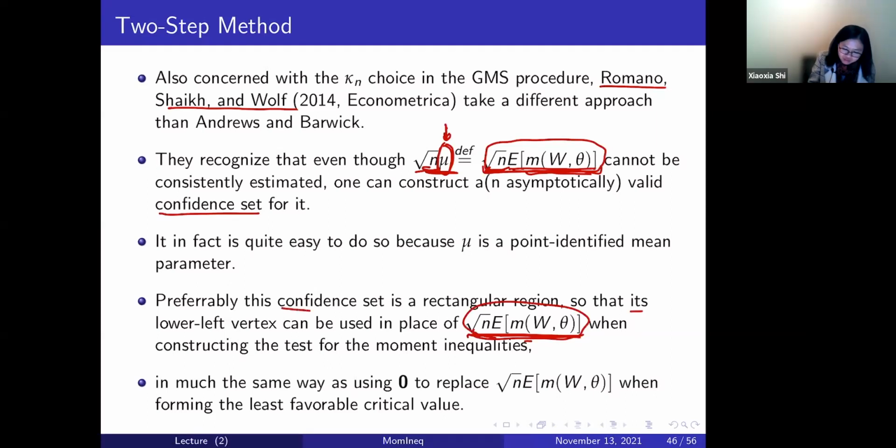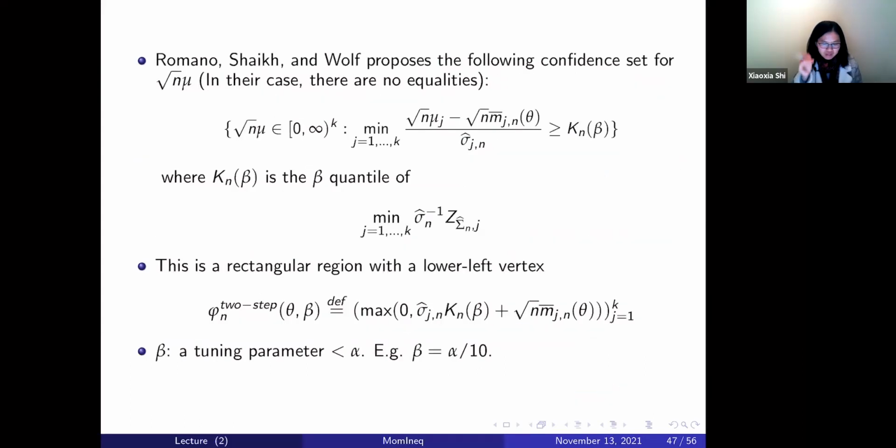And if the confidence set is a rectangular region, which is not hard to guarantee, then by the monotonicity of the S function, we know the lower left vertex is the least favorable value. In much the same way as using 0 to replace the slackness parameter, we can just use the lower left vertex of that confidence set to replace the slackness parameter. And then we are going to have a confidence set.